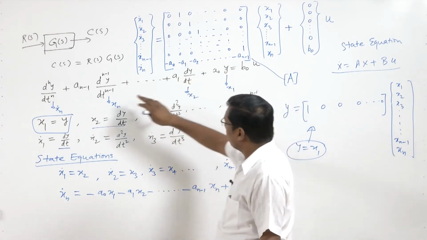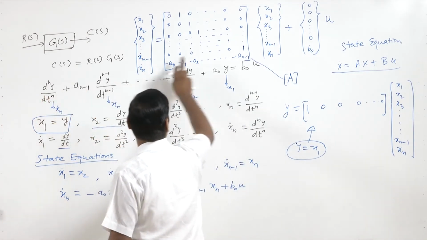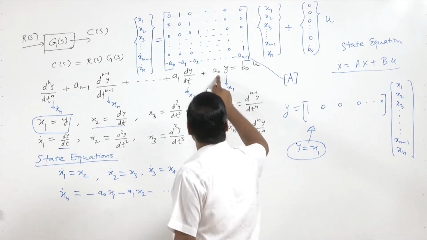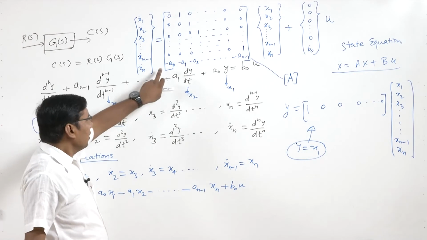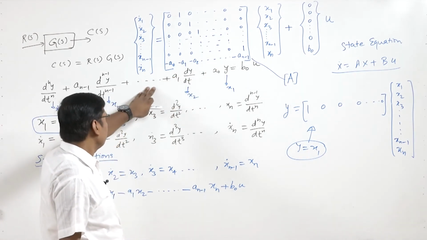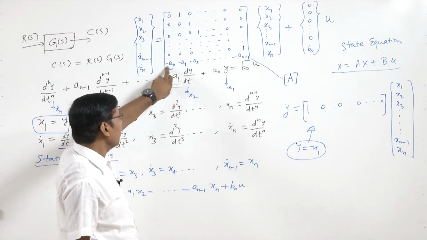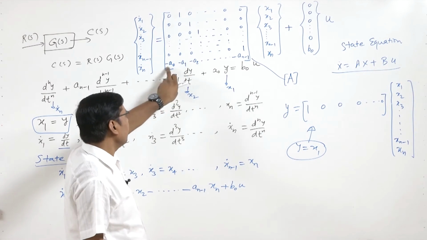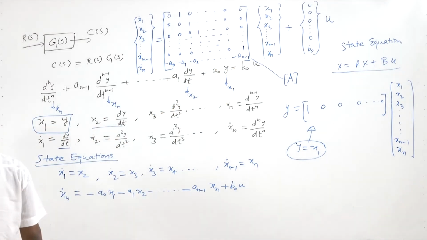So the coefficient that was here has gone here, and the coefficient here is coming here. So this matrix can be written by seeing this differential equation, because the coefficients are negative, they start from this side: minus a0, minus a1, minus a2, and then minus a n minus 1.